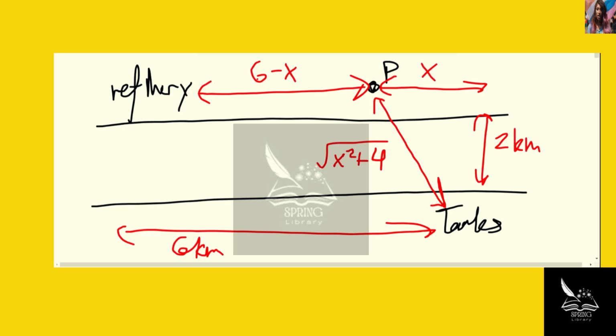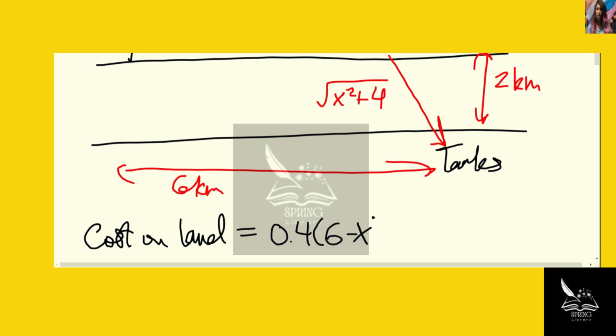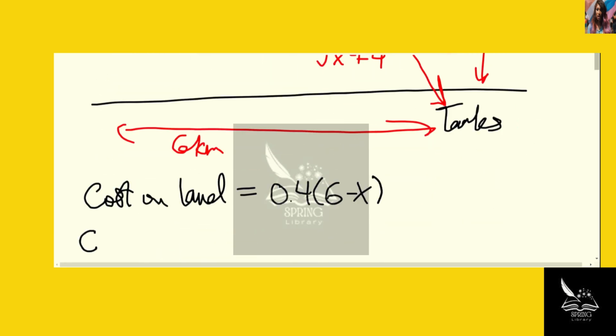Now, the cost of laying pipes on land in millions of dollars, this is going to be 0.4 times 6 minus x. This is in millions of dollars. As for the cost underwater, this we don't actually know.